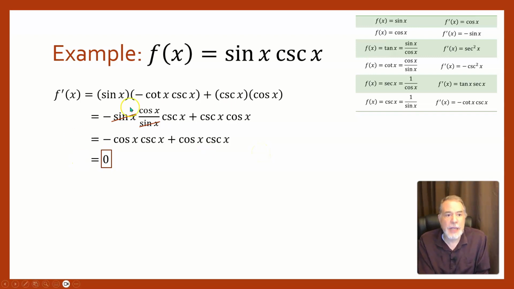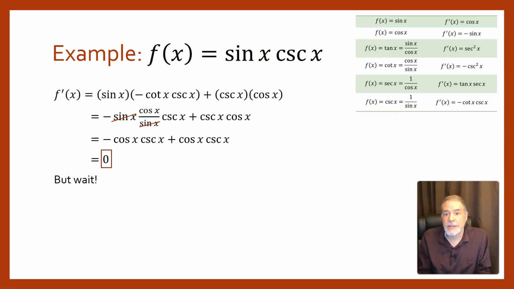I mean, originally we got this big mess, but we were able to simplify that down, and here it really simplified down to 0. But wait, if we had been really on the ball, we might have noticed, before we did any of that differentiating and pulled out the product rule and all that, that sine of x and cosecant of x are reciprocals of one another.